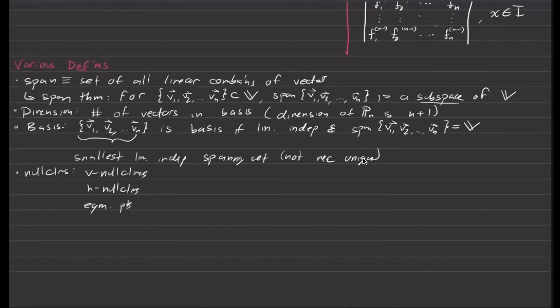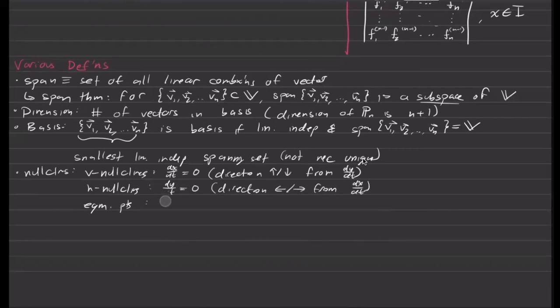V nullclines are where dx/dt is equal to 0, and the direction of your arrow, whether it's pointing up or down, you can determine from the value of dy/dt. H nullclines are when dy/dt is 0, and the direction of the arrow, whether it's left or right, you get analogously from dx/dt. Equilibrium points are when dx/dt and dy/dt are both 0.